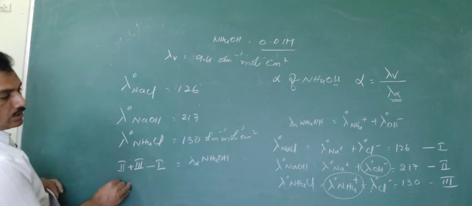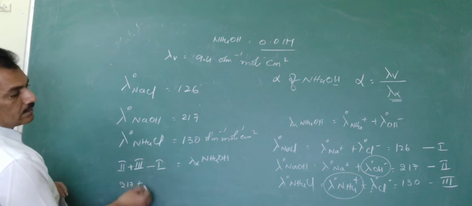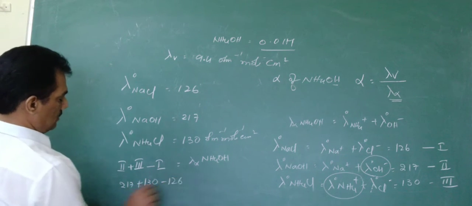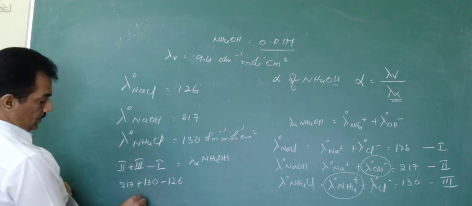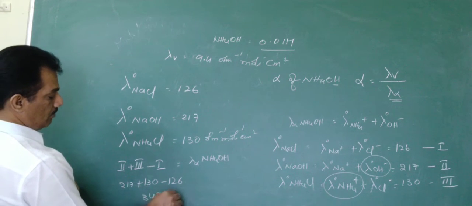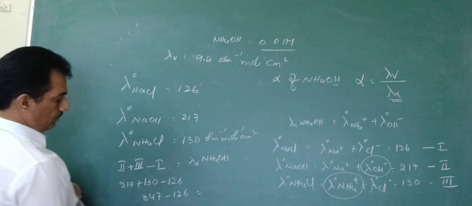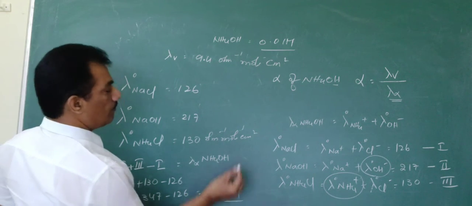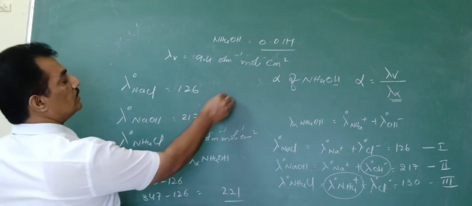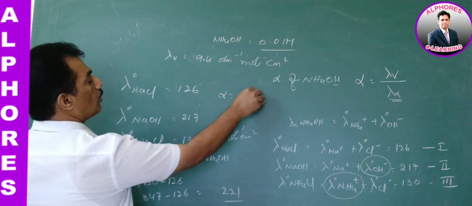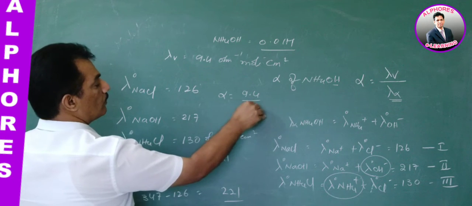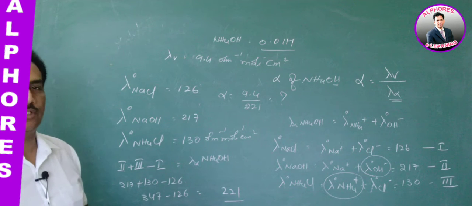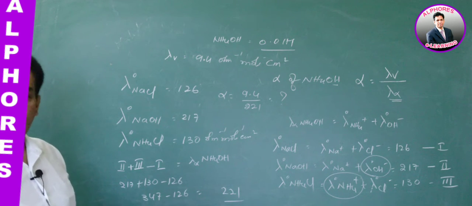That is 217 plus 130 minus 126, which is 347 minus 126, around 221. Now the degree of dissociation is 9.4 by 221. Whatever you get is the degree of dissociation. Are you clear with this model 3?